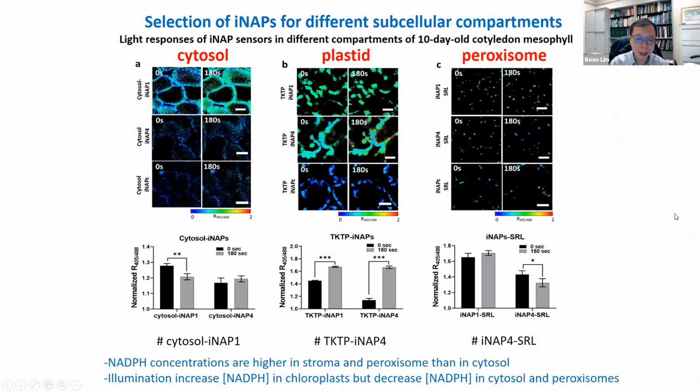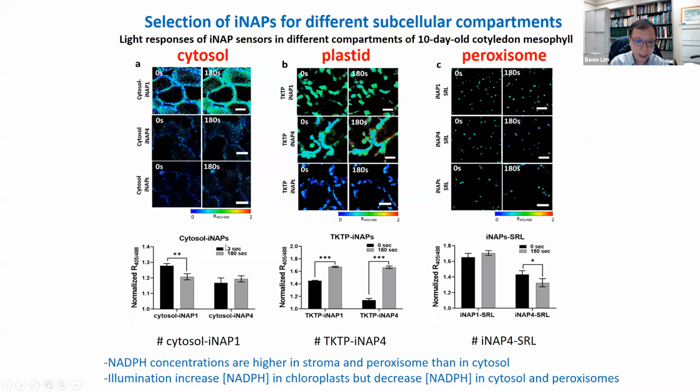So first, because there are two sensors for NADPH that have different affinity, iNap1 and iNap4, we carry out illumination. We look at the light response of these sensors in different compartments of 10-day-old cotyledon. This is in cytosol, this is in plastid, and this is in peroxisome.